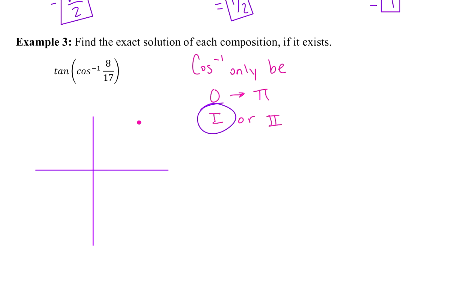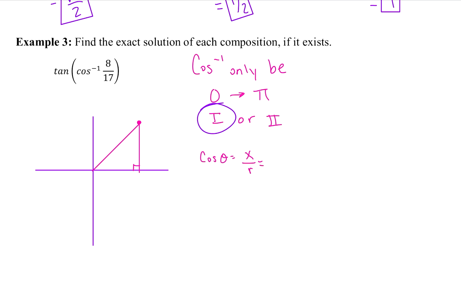So what I know then is that this is going to represent the triangle that we're talking about here. So we're focused on this triangle. We also know that cosine of theta is always equal to x over r.